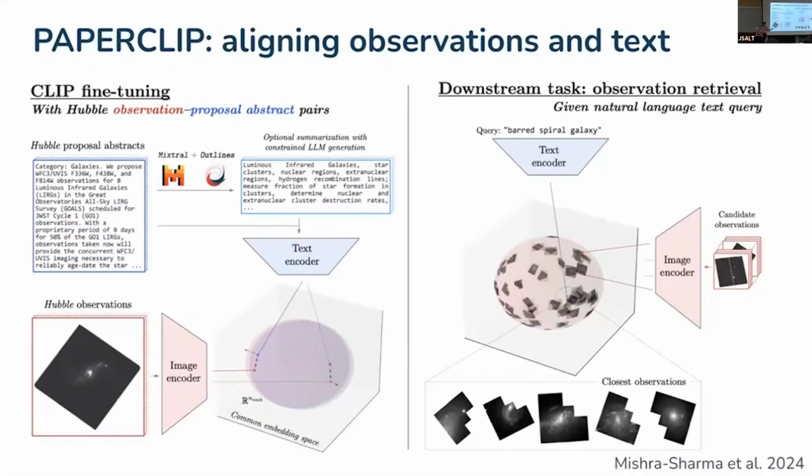So this is kind of a unique way to do this, where you've now got the text, which has some very technical description. It says, we propose Wide Field Camera 3/UVIS, F336W, blah, blah, blah, observations for 8 luminous infrared galaxies in the Great Observatories All-Sky LIRG survey scheduled for JWST Cycle 1 observations with a proprietary period of 0 days for 50%.